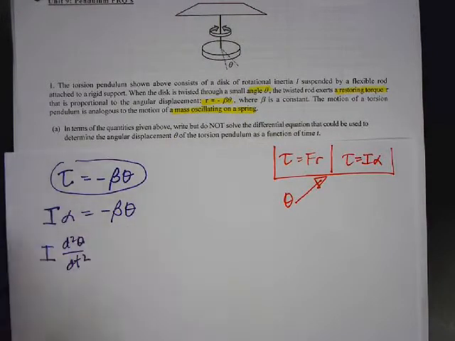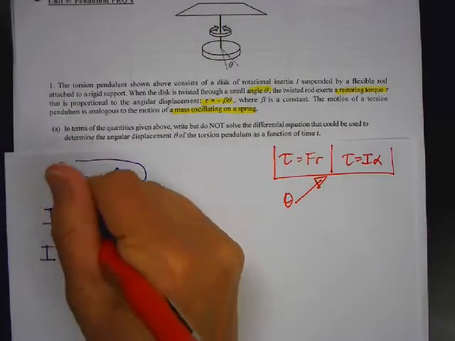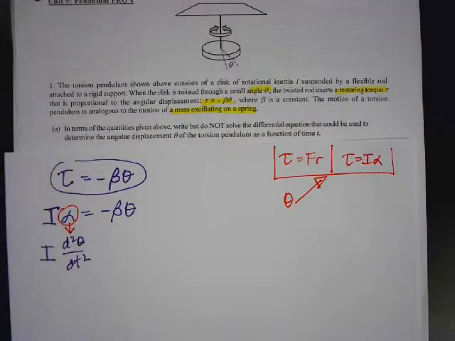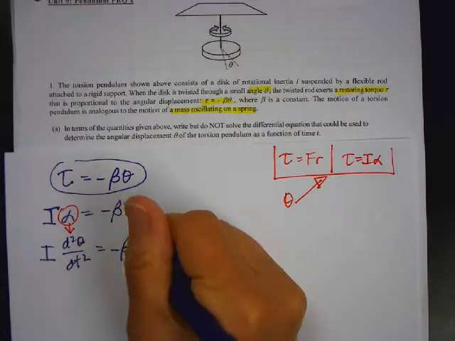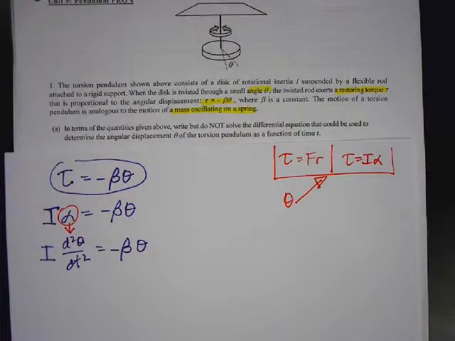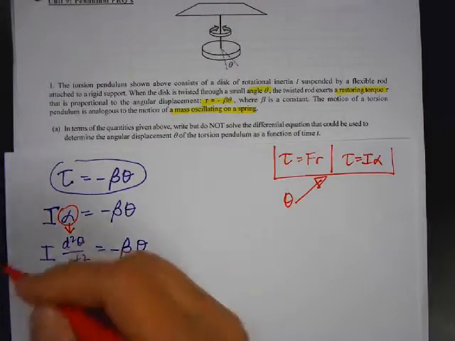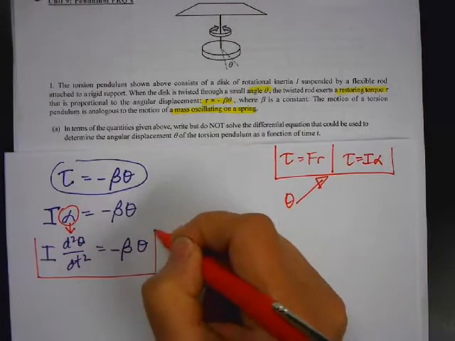So this is how I get rid of alpha and have it in terms of theta, and this is how I'm going to have my differential equation, equal to negative beta theta. And this is all you have to do for part A on this FRQ.